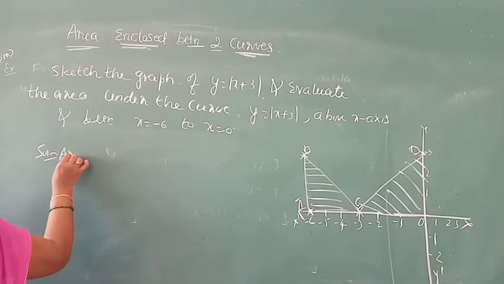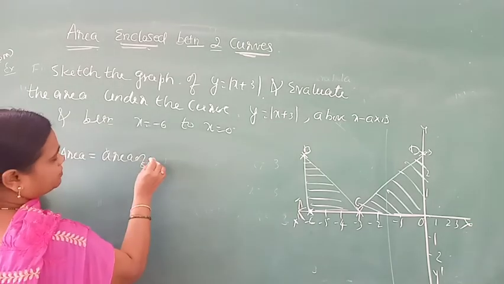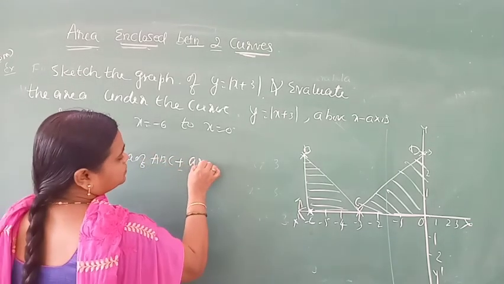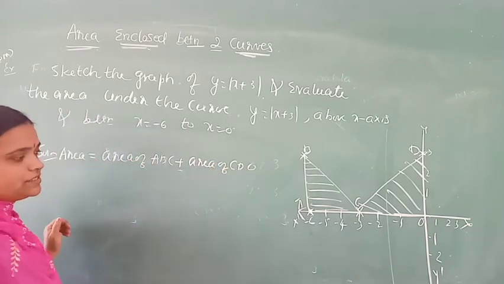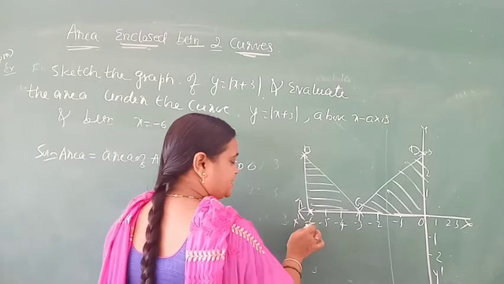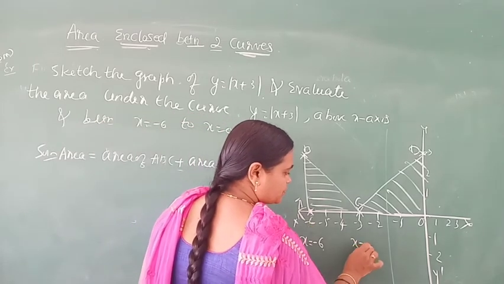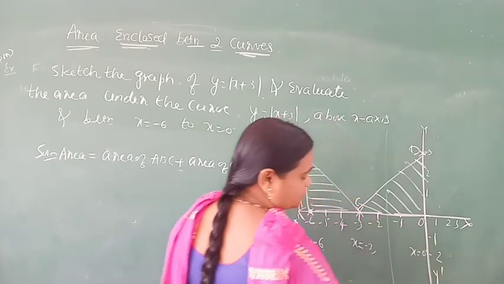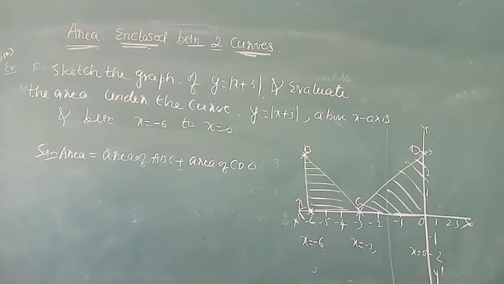Area is equal to area of ABC plus area of CDO. Here it is bounded by the x-axis, x from minus 6 to minus 3 and here x from minus 3 to 0. Correct? But we have to take them separately.